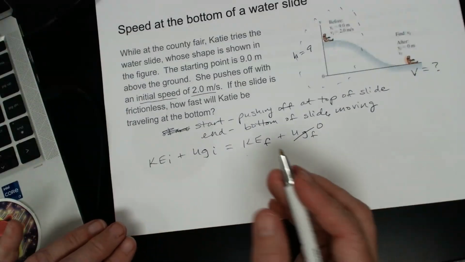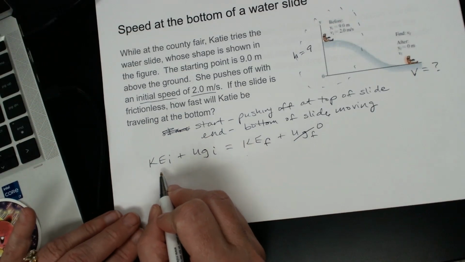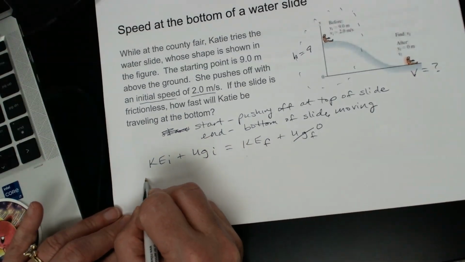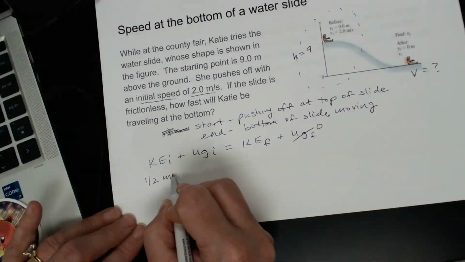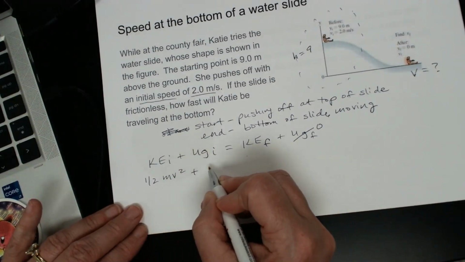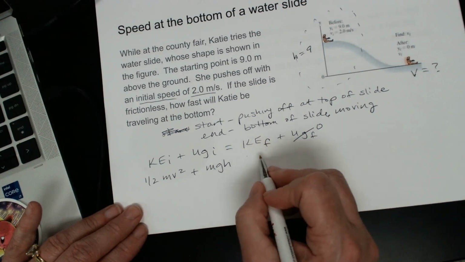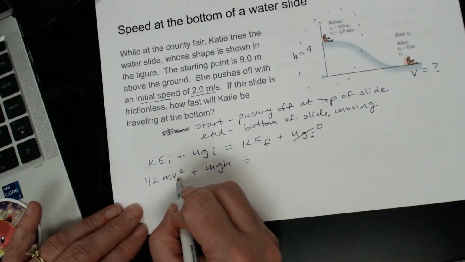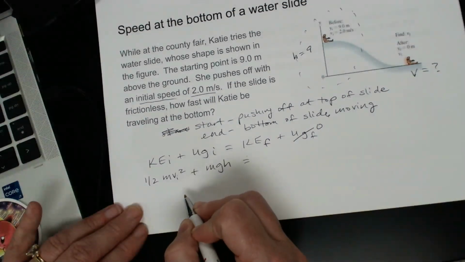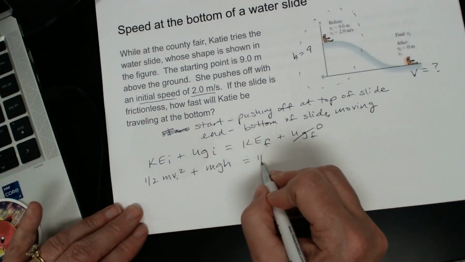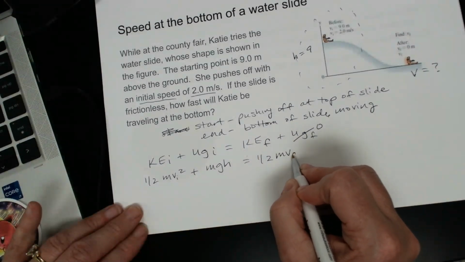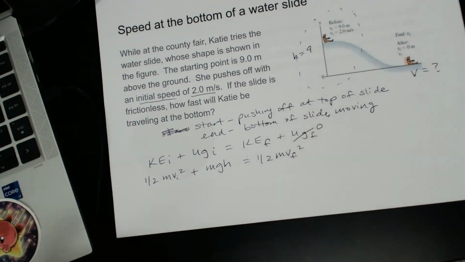Now we're going to put in our equations that we know for these. So kinetic energy is 1/2 mv squared. Gravitational potential is m times g times h. Final, and I'm going to go back and add an i here for initial velocity, and then 1/2 m v final squared for my final kinetic energy.